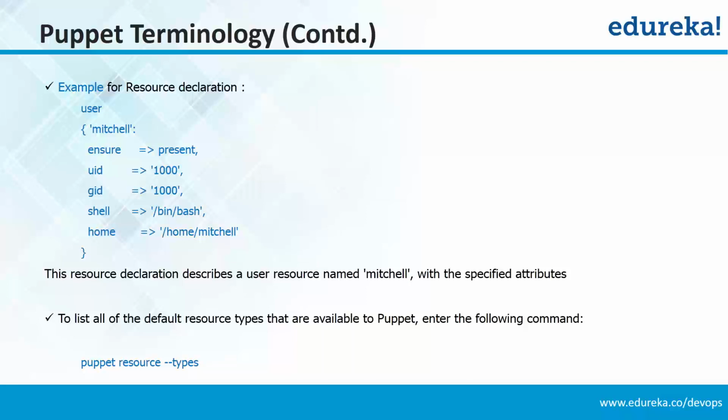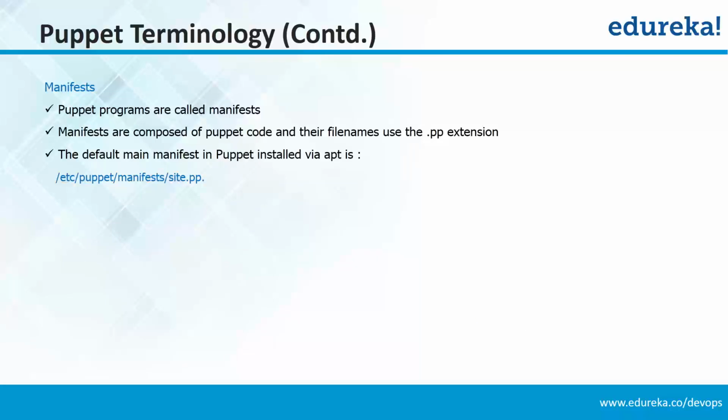That will give you a complete list of all the types available, everything Puppet knows about. You are free to create your own resources. You can have the default resource types, and you can create new resource types if you want to, but we typically define them in classes, not resources. There's a difference there. So I strongly suggest you go to the command prompt, type in puppet resource --types, and you should be able to see all the default types.